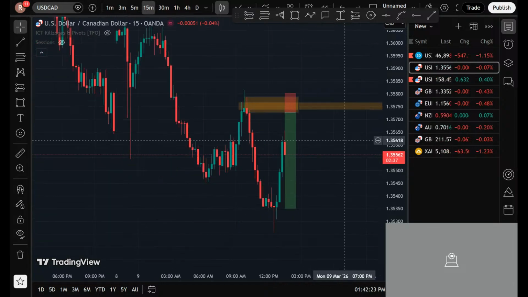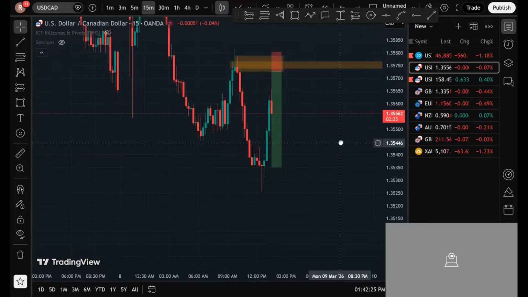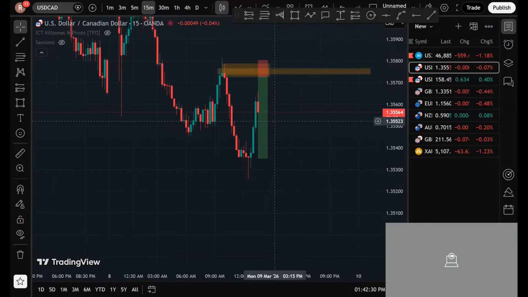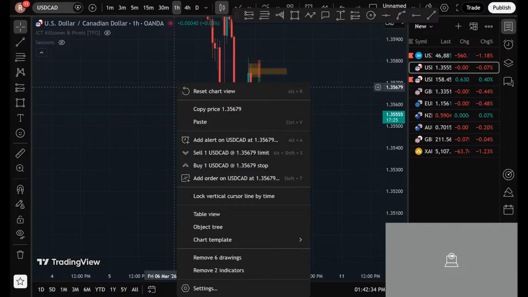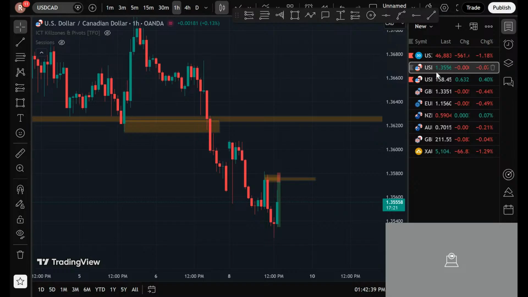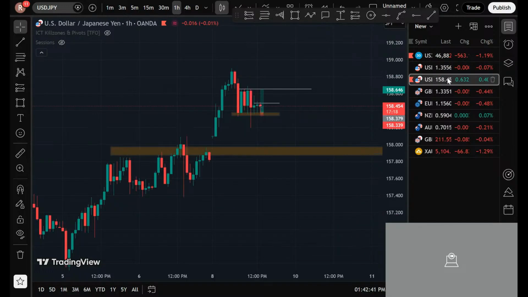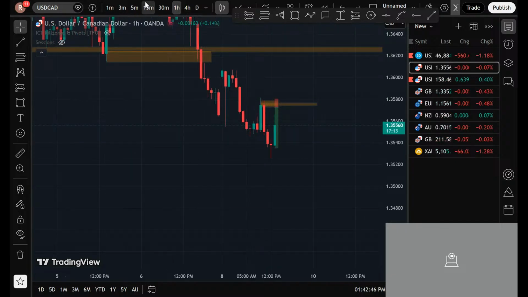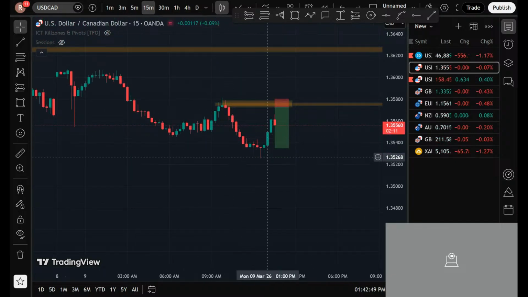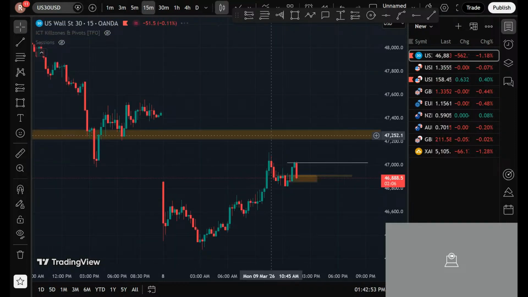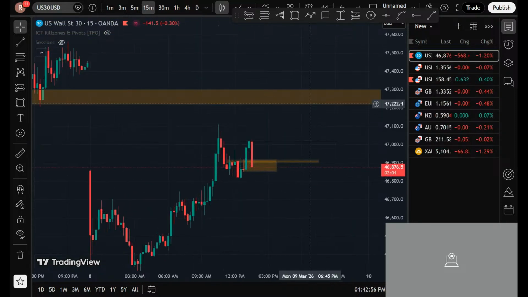Man, this hurt so much. But USD CAD, honestly speaking, bro, this area is not the area to take sales because see, sellers are so weak, buyers are coming so strong, so they might smash at any time.